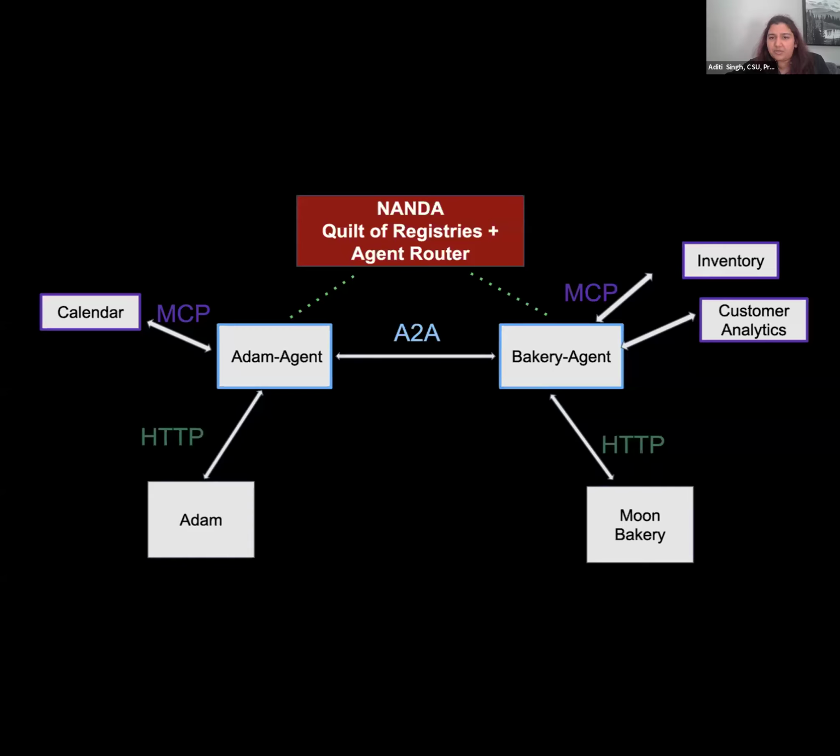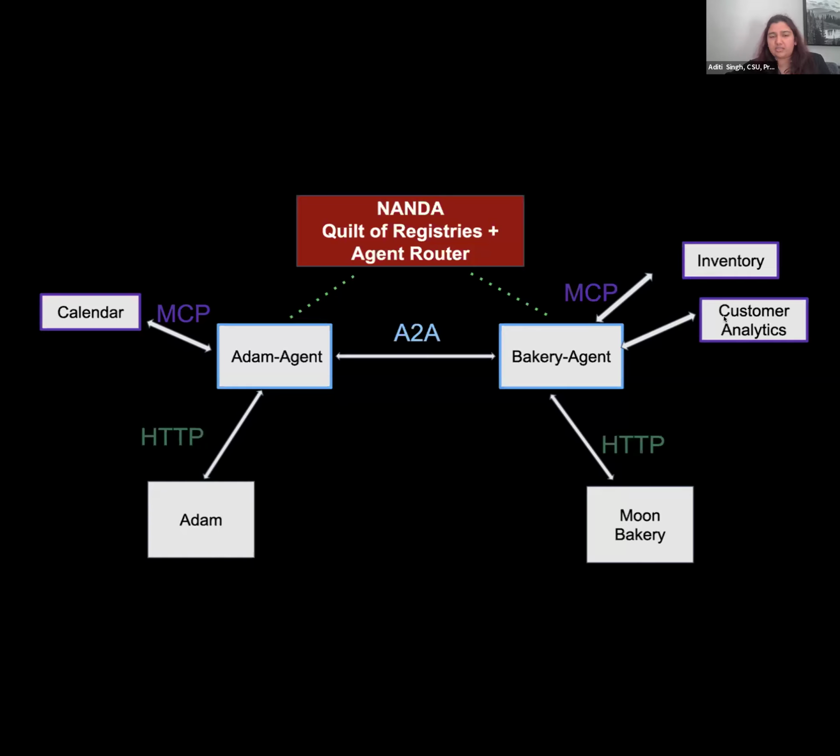Now if you look at this particular diagram, this is a compelling visual trying to show how the evolution is moving towards that internet of agents. You can see that MCP, A2A, and the NANDA Quilt registry with agent router are trying to coexist together. Adam's agent and the bakery agent are interacting with tools like a calendar through MCP. The bakery agent is interacting with its tools like inventory and customer analytics using MCP.